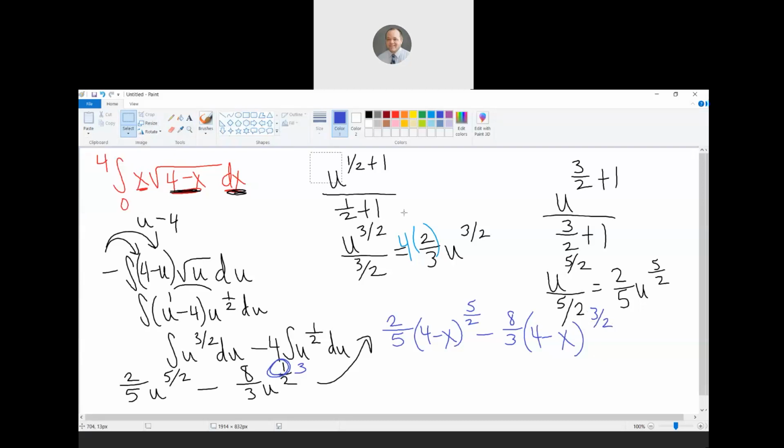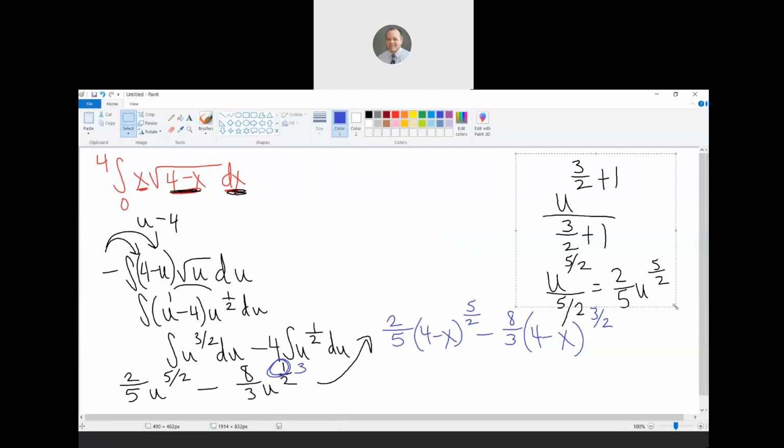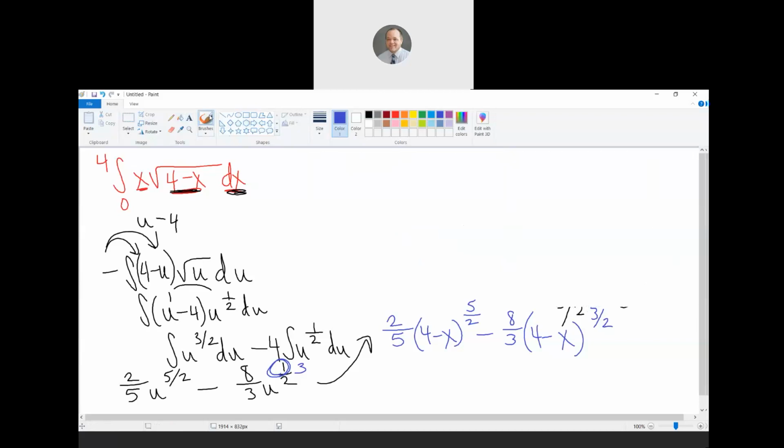Let me erase this top part so we'll have more room to work. Okay, up top, first of all, we'll plug in 4.